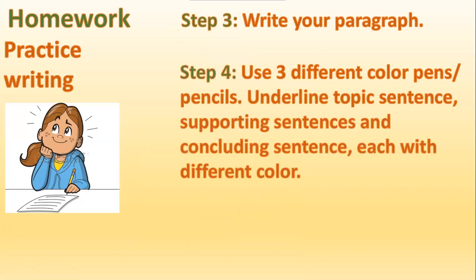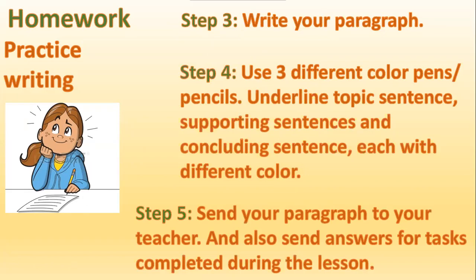Write your paragraph, then step 4, use 3 different color pens. Take 3 different color pens or pencils, and you have to underline or circle the topic sentence, supporting sentences, and concluding sentence, each with a different color, which we did before also, yeah? So if it's the topic sentence, let's suppose red color, green color, whatever, each supporting sentence another color, concluding sentence another color.